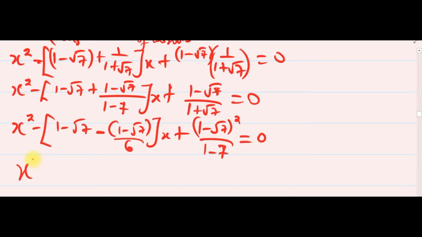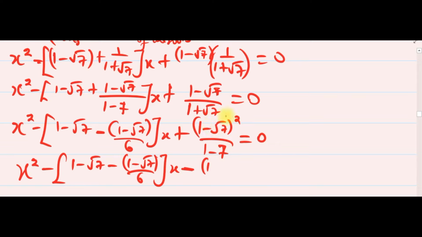So we have x squared minus the quantity 1 minus root 7 minus 1 minus root 7 over 6 times x. Why this minus 6, so minus 1, we expand the square: 1 minus 2 root 7 plus 7 over 6, equal to 0.